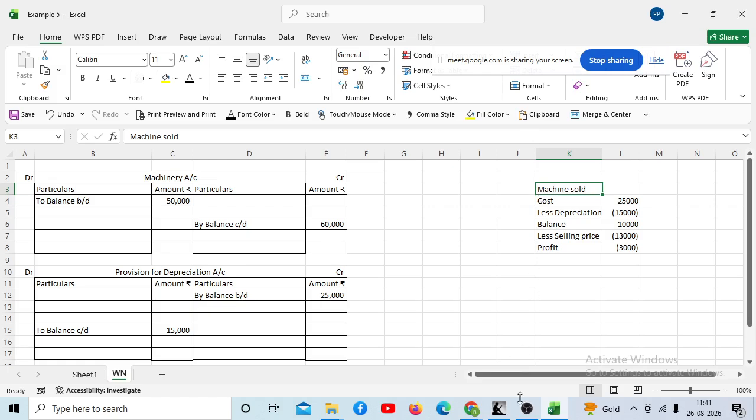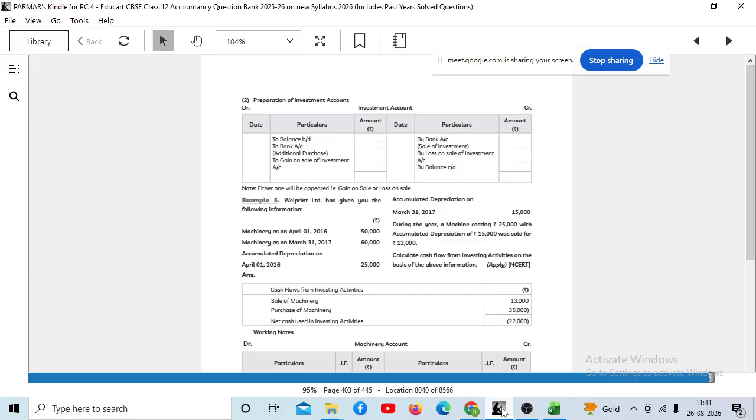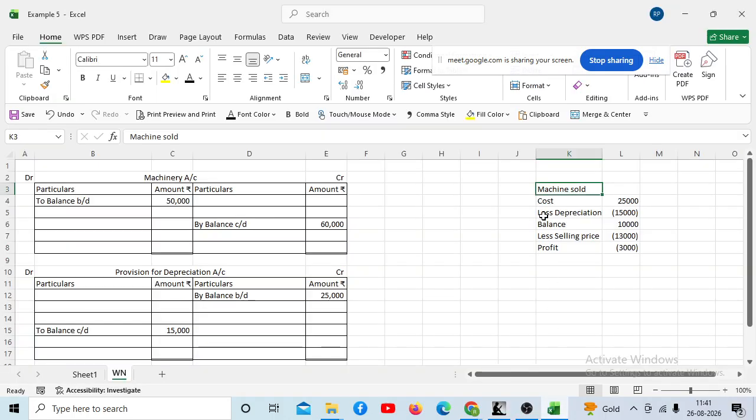And what is the cost of the machine sold? The cost price of the machine is 25,000. And they are telling that the depreciation is 15,000. So from 25, if you subtract 15, what will be the book value? 10,000.